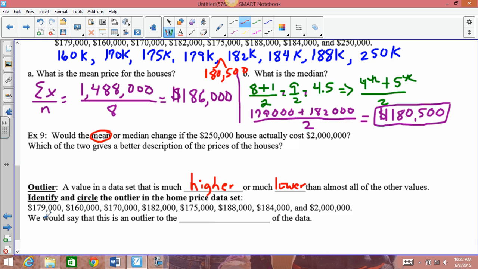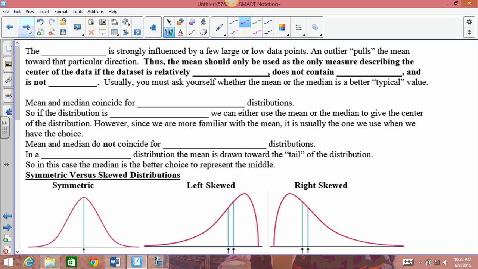In this example down below, I said identify and circle the outlier in the home price data set. As I just alluded to, that 2 million is obviously my outlier. We would say that is an outlier to the right of the data, because it's on that far right side.